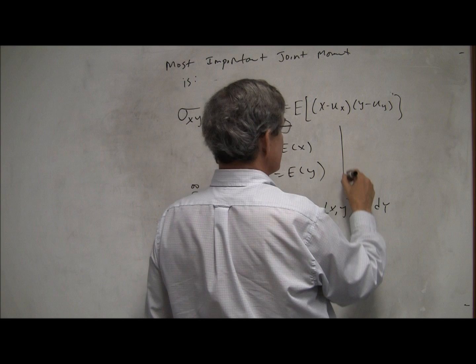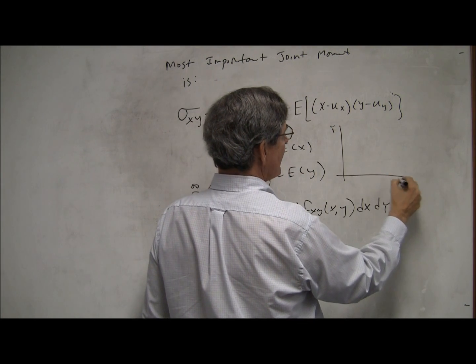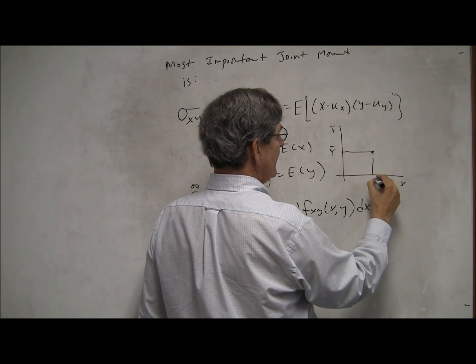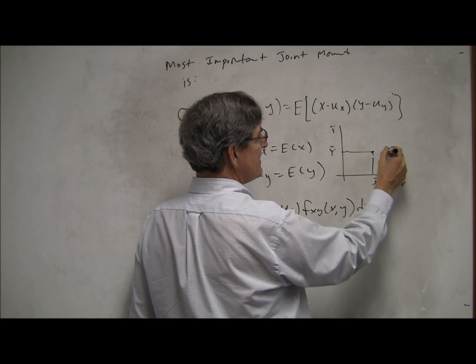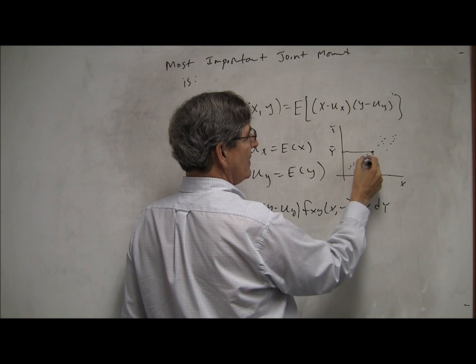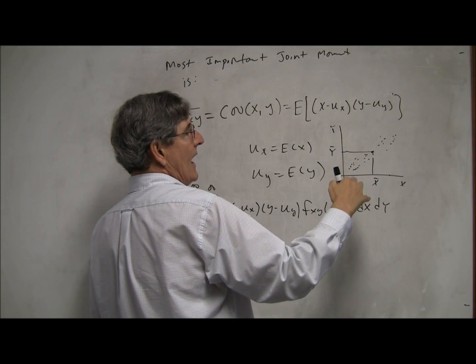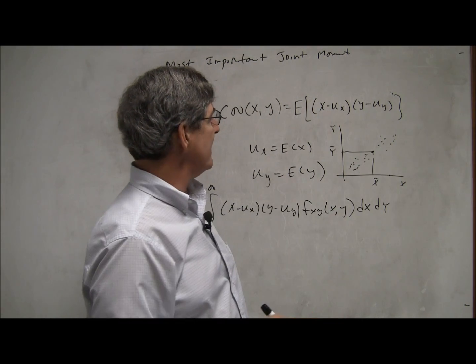You could draw this, for instance. Say you had a positive covariance. Here's y, here's x, here's y bar, and here's x bar. If you have positive correlation, whenever x tends to be up here, y tends to be up here too. When x tends to be down here, y tends to be below its mean. So the points would be scattered like that for a positive correlation. For a negative correlation, they'd go in exactly the other direction.